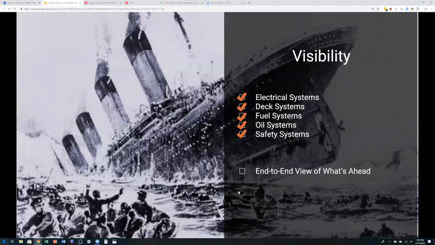Well, that gets us right to the point. And that is then supply chain and specifically in visibility. With this slide, as we can see in the background, one of our favorite ocean liners is that the electrical systems are doing great. Check. The deck systems are looking good. Fuel systems, oil, and safety.